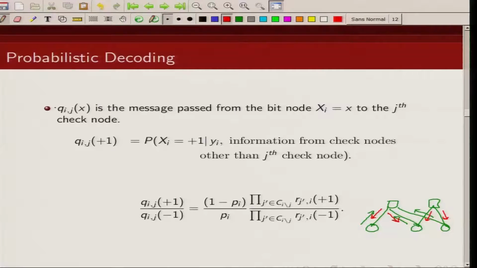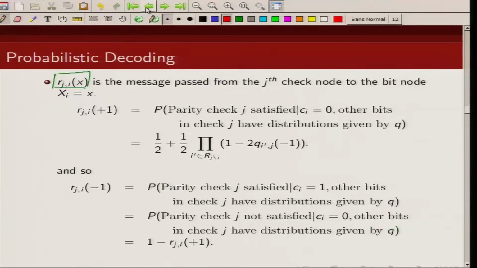So we are denoting by Qij the message which is passed from bit node i to the jth check node, and we are denoting by RJI the message which is passed from the check node to the bit node.